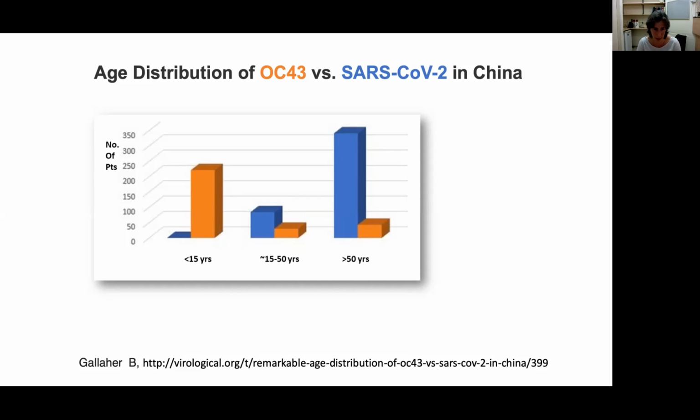And they found that indeed this cold coronavirus has a higher number of infections in younger people, and actually shows exactly a mirror image of the infections with the current coronavirus, but that's only a hypothesis that is not proved yet.